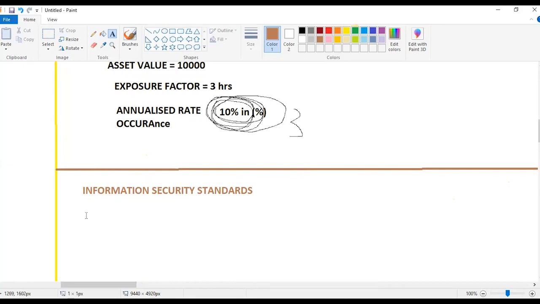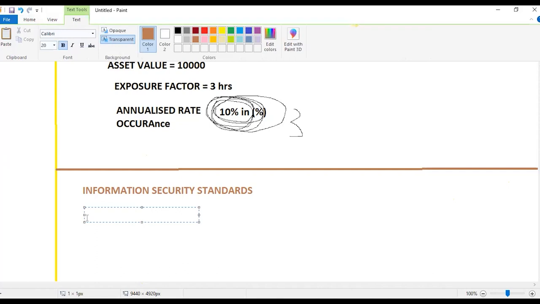The first one is PCI DSS, Payment Card Industry Data Security Standard. Next, NIST, National Institute of Standards and Technology. Then HIPAA, Health Insurance Portability and Accountability Act.